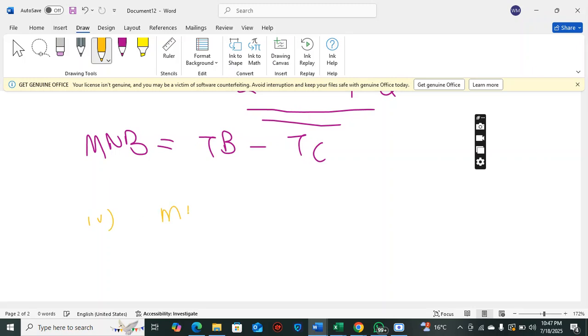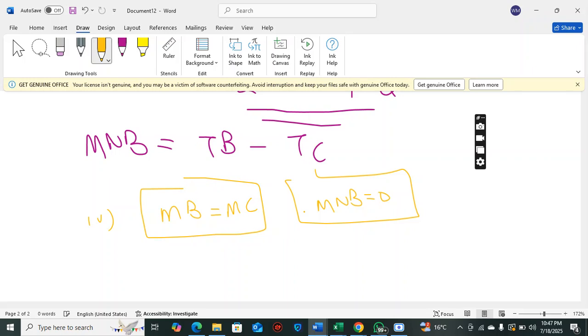This gives you the quantity that will give you the maximum net benefit, or you can equate marginal net benefit to 0. In marginal analysis, these are the two conditions you need to remember: produce where MB equals MC, or where MNB equals 0.